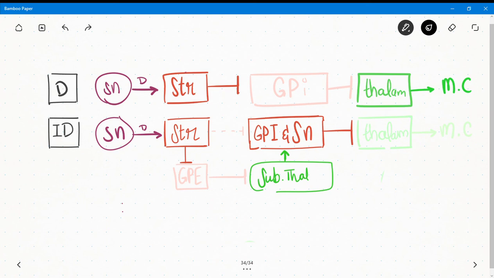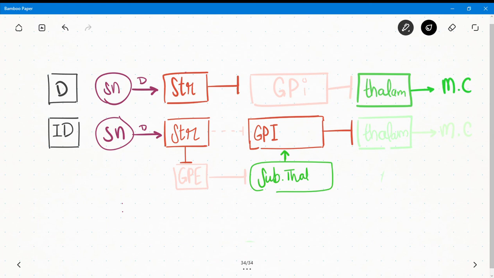Now, what makes the difference between the direct and the indirect pathway is that the striatum, which is the major inhibitor in here, is the boss man. It's up to the striatum whether it wants to inhibit the globus pallidus internus or the globus pallidus externus. No, this is wrong over here. I'm sorry, that's a mistake.